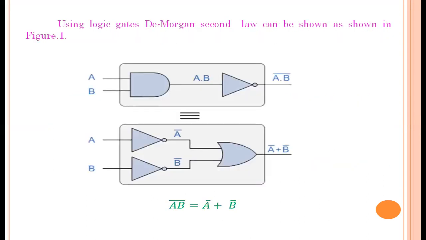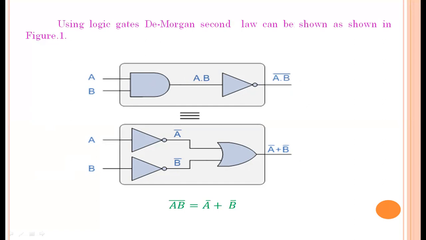So the outputs are (AB) bar and A bar plus B bar. For (AB) bar, A into B is the AND gate, and the bar is the NOT gate. The output of the AND gate is AB and the output of the NOT gate is (AB) bar.